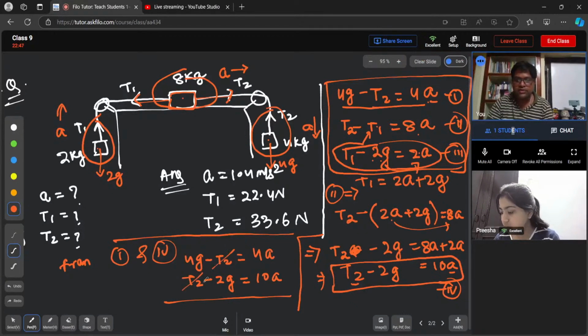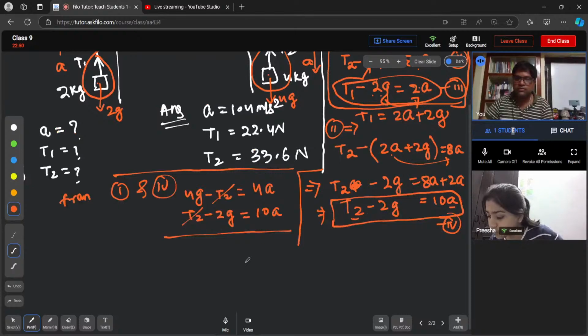So if we add these two, you will get 4g minus 2g, that is 2g equal to 14a.